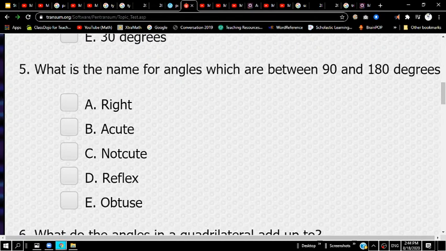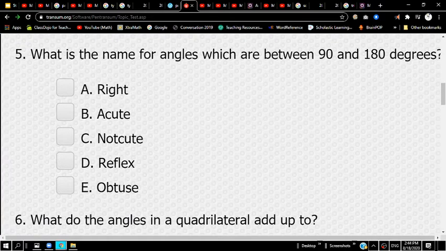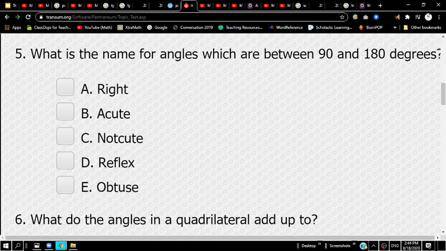Let's take a look at another example. Number 5. What is the name for the angles which are between 90 and 180 degrees? Well, I know that a right angle is 90 degrees, and I know that an obtuse angle is 180 degrees. So this one must be, if it's between 90 and 180, it must be obtuse, I think.